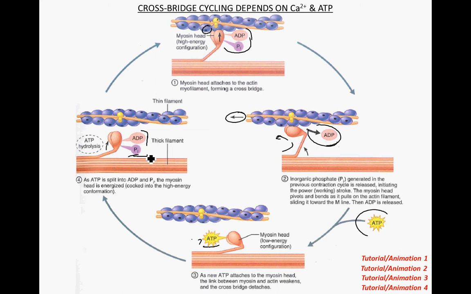And if calcium ion is still present, then it binds to the troponin, which slides the tropomyosin off, and the myosin head can then bind to the actin and then pull again. Right? And this will keep happening as long as calcium ion is present. When calcium ion goes away, then the tropomyosin slides back over the actin active sites. Again, 4 animations here that I would recommend you taking a look at. They're going to put that all in motion for you.